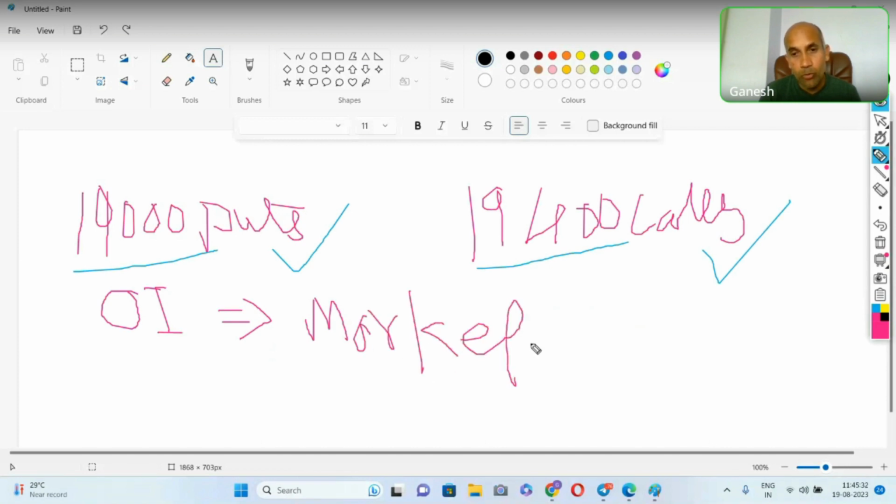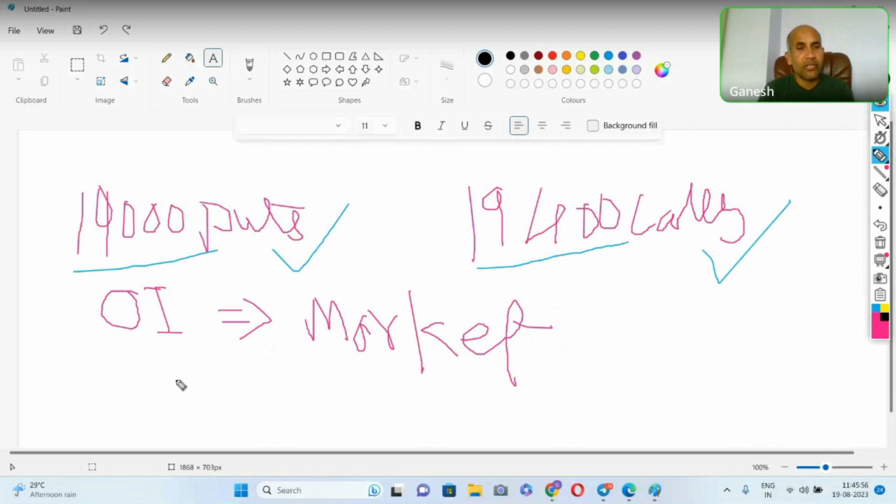It is not going to confirm that the market moves between 19,000 and 19,400 only in this upcoming expiry. It doesn't say that. But what it means is the participants' expectation. You have to underline this: open interest means expectation of the participants.